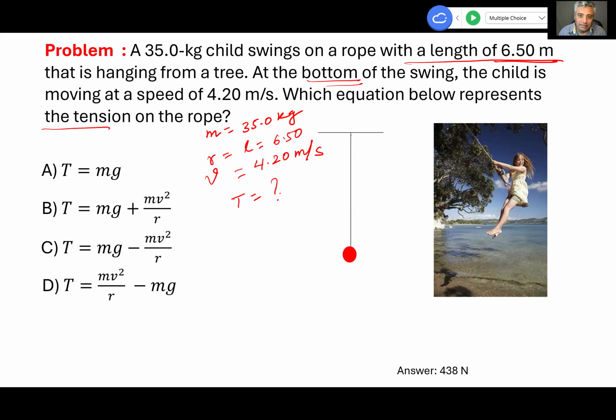So that means this is a dynamics problem. This problem needs to be solved by using Newton's laws of motion. So for that, you need to draw a free body diagram. And once you have the free body diagram, you need to write the equation, okay?